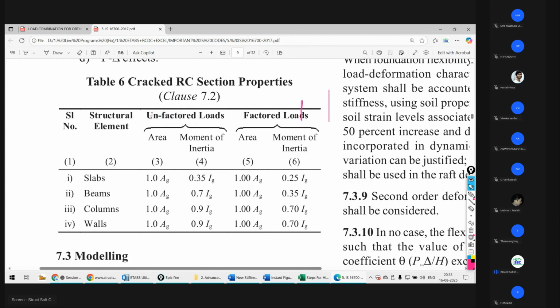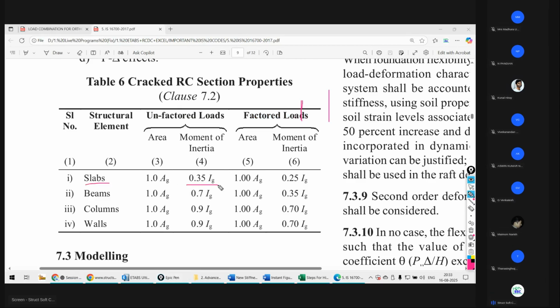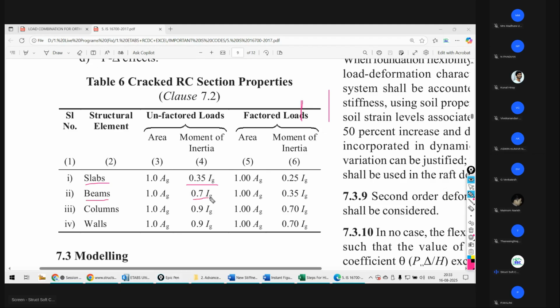And for the case of service case, at the case of the serviceability checks, it is recommended to consider for the case of slab only 35% of the stiffness, for the beam 70%, for the case of column 90%, for the case of wall 90%.